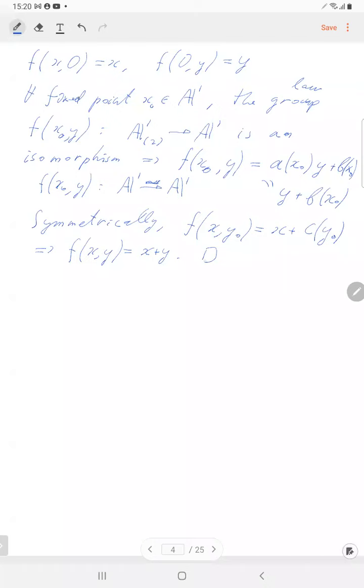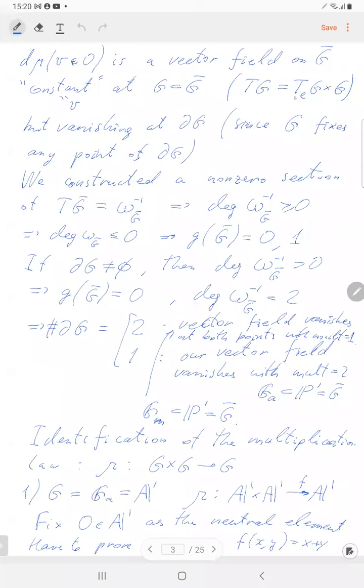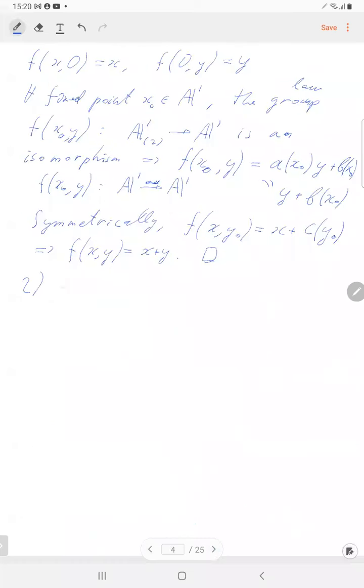Fine. So we consider the case of the additive group. Now the case of the multiplicative group. So now G is Gm, and again we place the neutral element at 1.